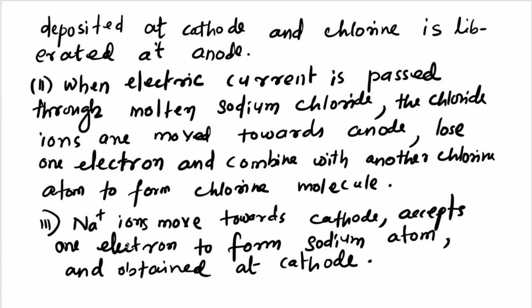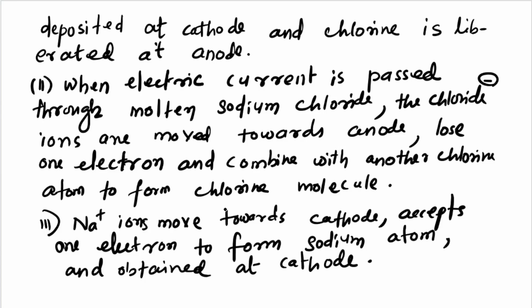When electric current is passed through molten sodium chloride, the chloride ions move towards the anode, because chloride is a negative ion and the anode is positive. Chloride loses one electron and combines with another to form a chlorine molecule.